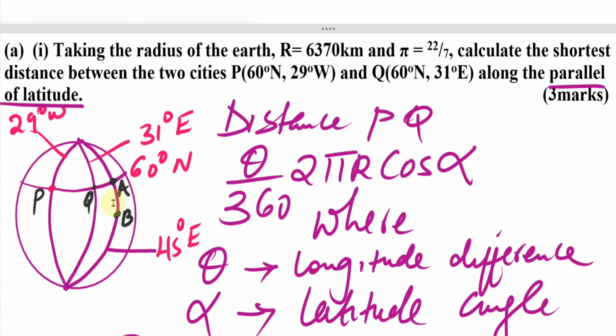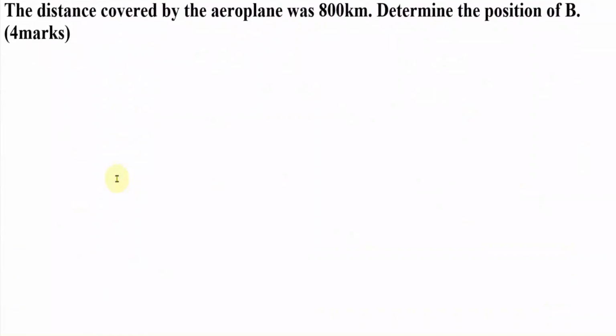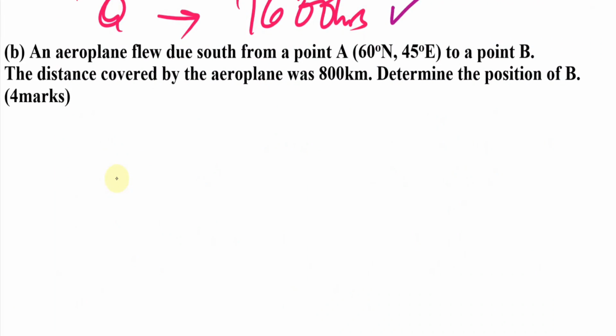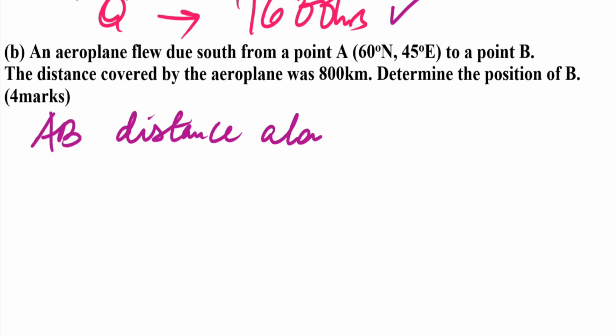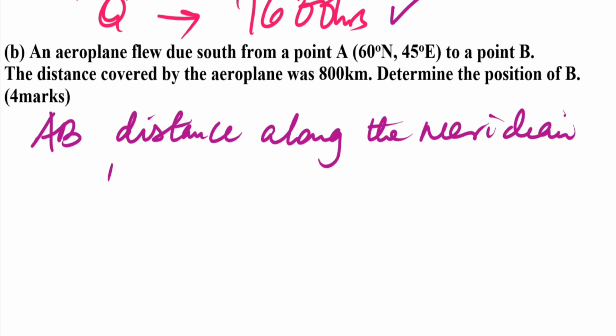So look at distance AB. Distance AB is the distance along the meridian, and we're given that distance is 800. That is the distance along the great circle.